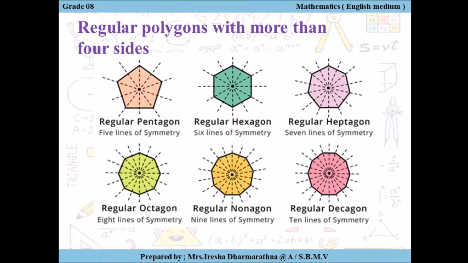Did you identify any method there or any relationship? Let's see. According to this, you can clearly identify the relationship between the number of sides of a regular polygon and the number of axes of symmetry of that regular polygon.